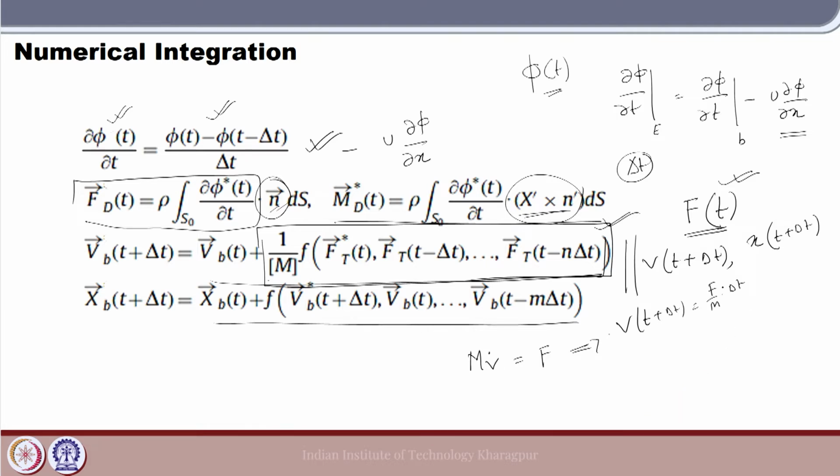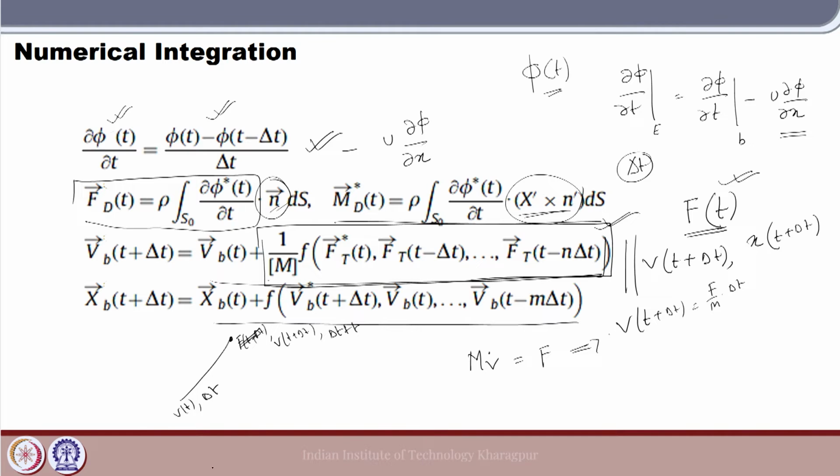Now, if you are using the Euler scheme, you really only need two components. You need f at t plus delta t, v at t plus delta t and displacement at t plus delta t, and here you need v at t and delta t, and then you can use any linear scheme.